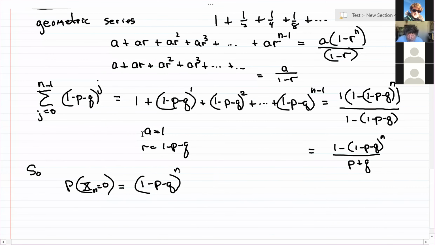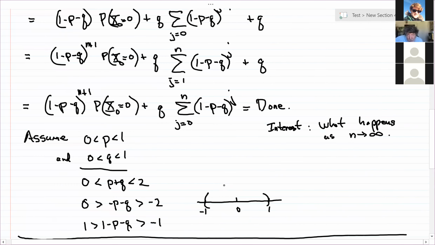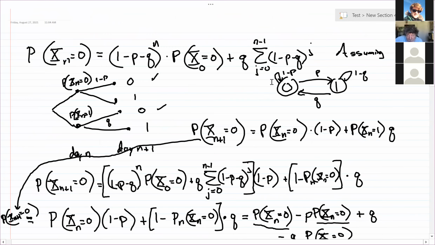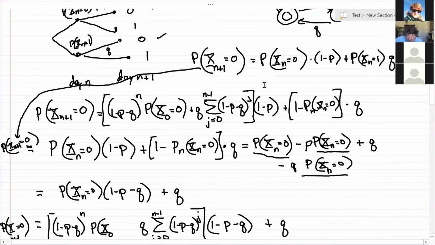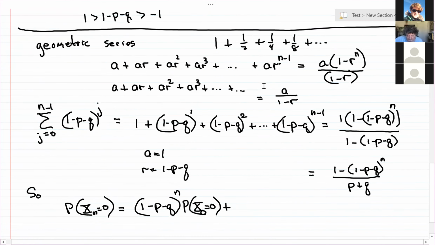So it's this times the probability on the first day initially that you're broken, plus, we're really going up here. This sum here is what gets multiplied by q. So we have q times that sum.